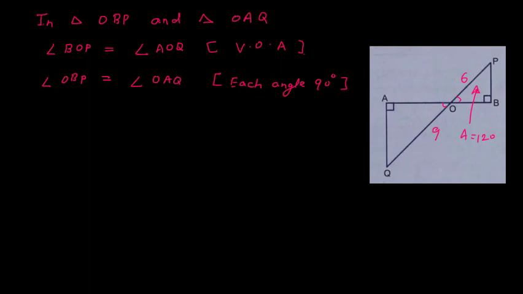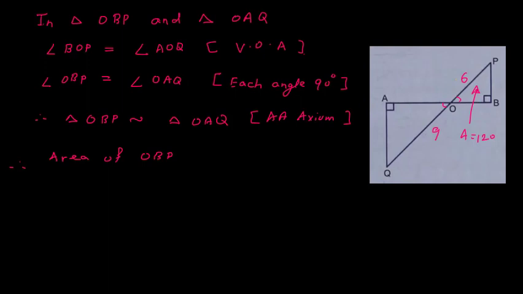So this angle is 90, this angle is 90. So therefore, we can say that triangle OBP is similar to triangle OAQ, and therefore area of triangle OBP, here you can mention that this is AA axiom.